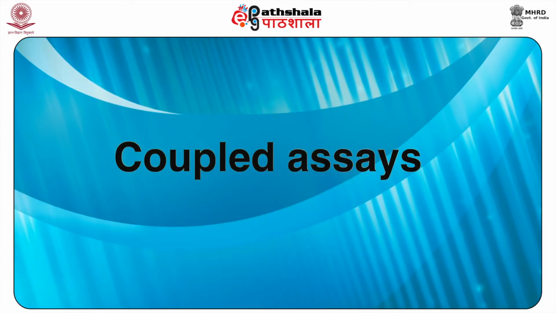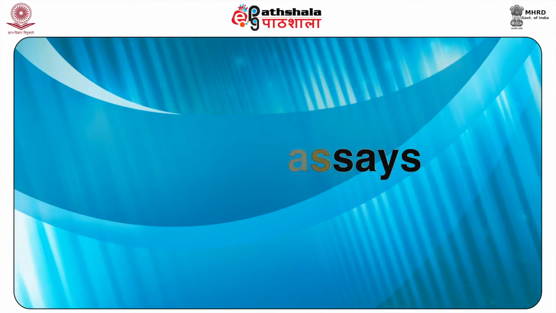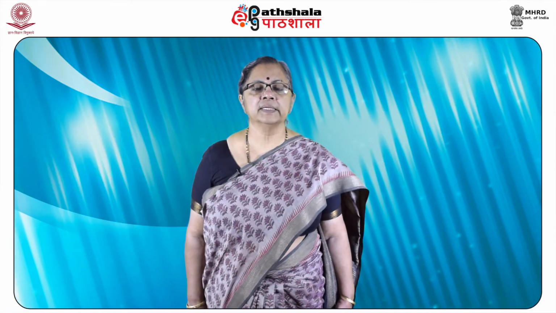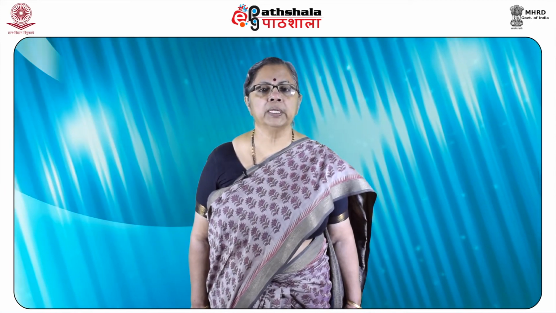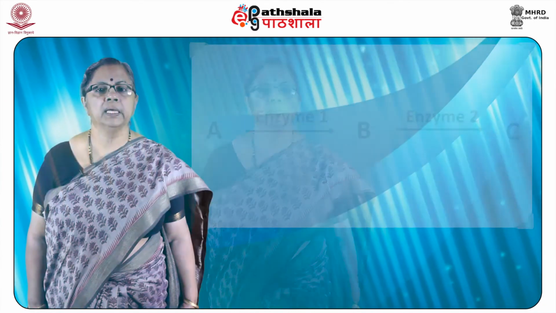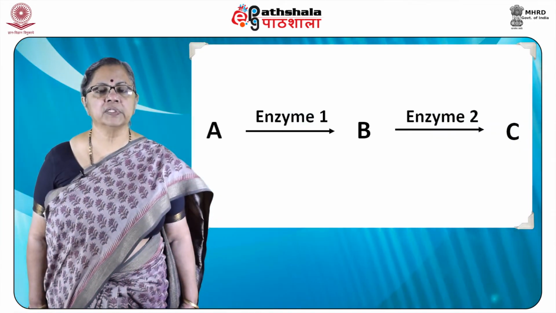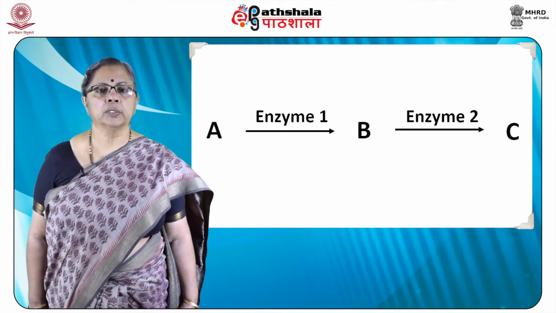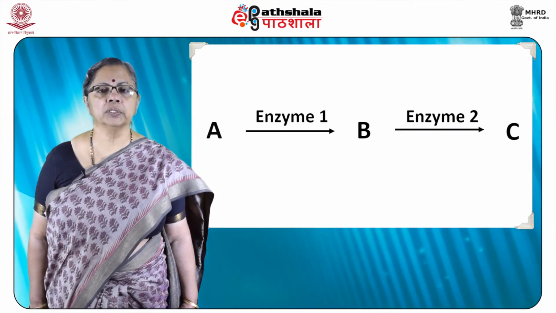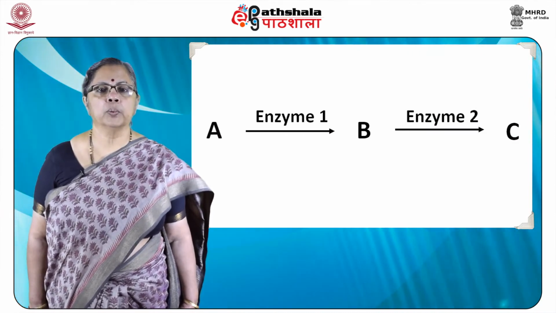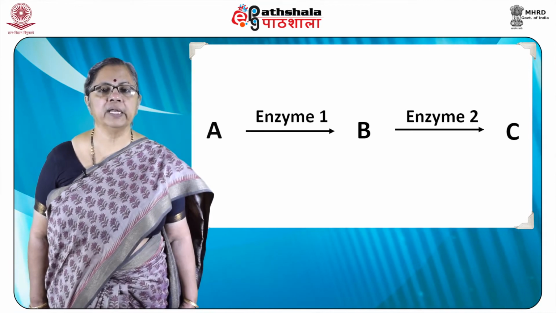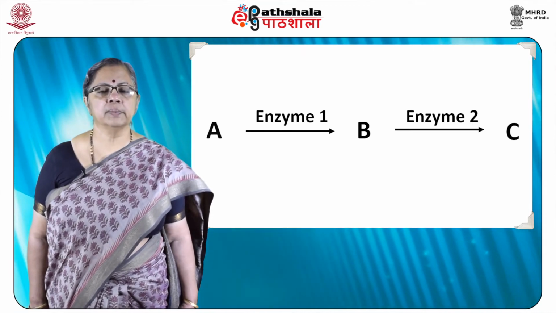A third type of assay is a coupled assay. In cases where the enzyme reaction has an unstable product, the assay would be difficult to monitor under usual laboratory conditions. In such cases, the first reaction is coupled to a second faster reaction using another enzyme, and the second product, which is stoichiometrically equivalent to the first, is estimated.